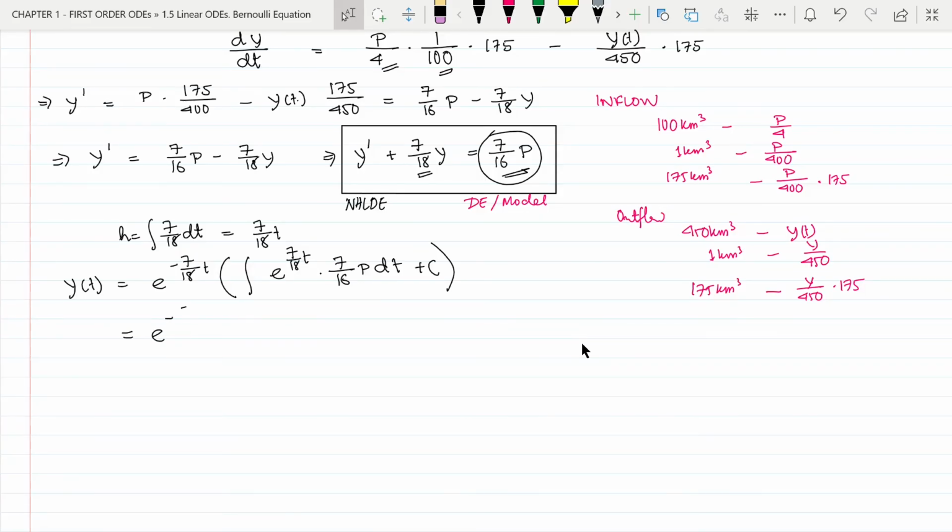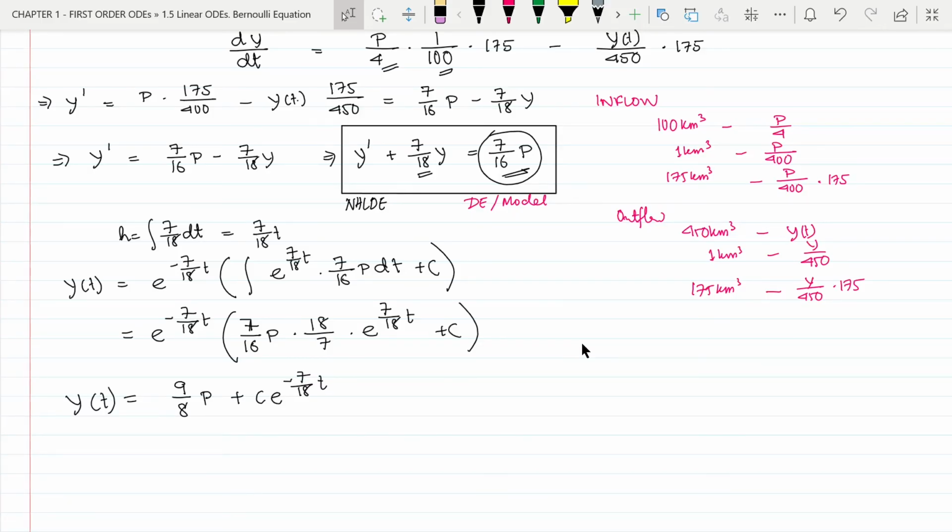So this will be e to the power minus 7 by 18 t whole into 7 by 16 p multiplied by 18 by 7 multiplied by e to the power 7 by 18 t plus constant of integration c. This is equal to 9 by 8 p plus c e to the power minus 7 by 18 t. And this is the general solution of the differential equation.